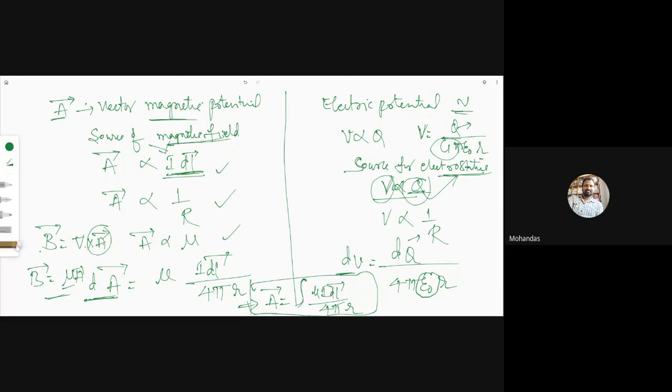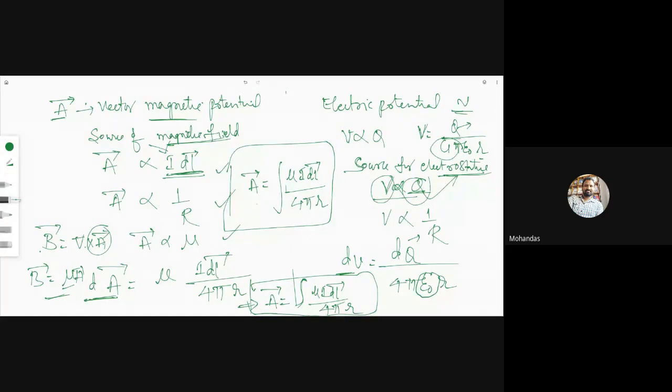No need to derive again and again, because both are analogous quantities. So finally, let me conclude: the vector magnetic potential is given by the line integral of mu I dl divided by 4 pi R. This is for a differential current element.